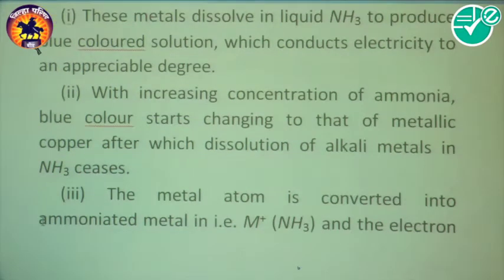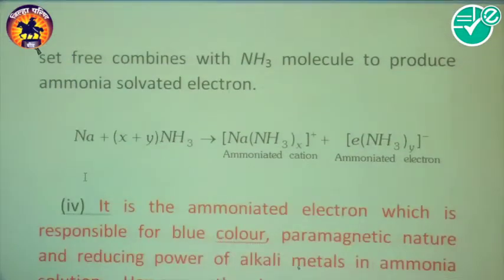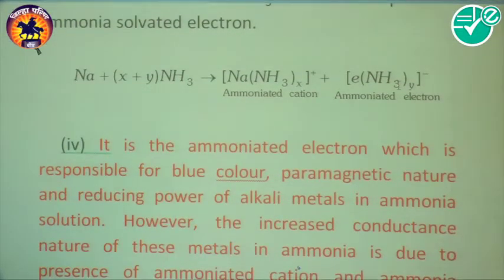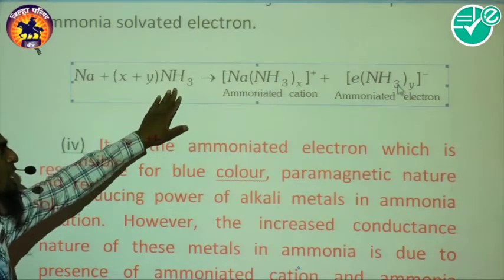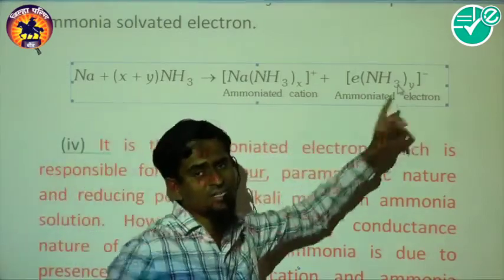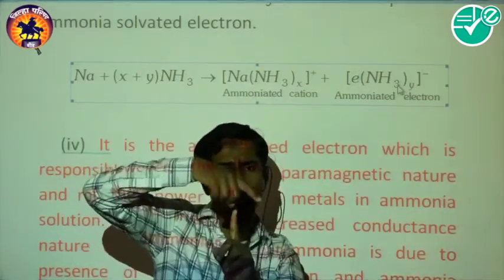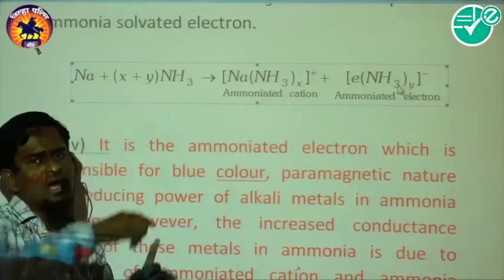Okay, so what is going on in that? See here, suppose you are taking sodium, it combines with ammonia and forms an ammoniated cation and an ammoniated electron. That is, the electron is surrounded by ammonia molecules, and similarly the sodium metal is surrounded by ammonia molecules.